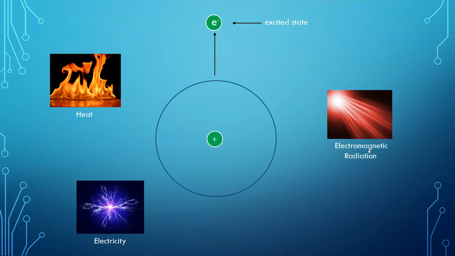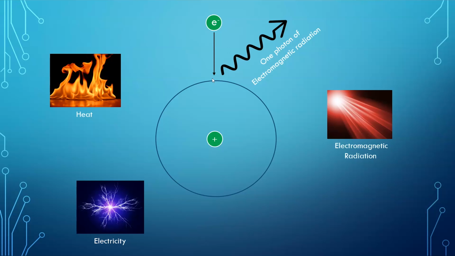Whichever of these 3 ways you excite the electron, the net result is always the same. Once the electron goes up to the excited state, it has to fall back down to the ground state. If you throw a ball up in the air, it's going to fall back down. That's just the way things work.